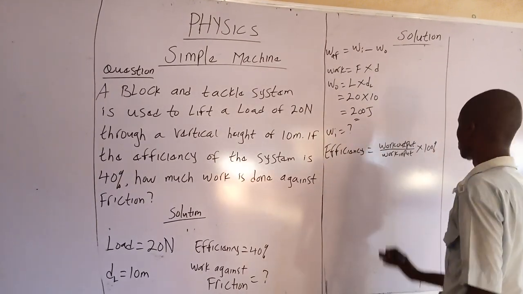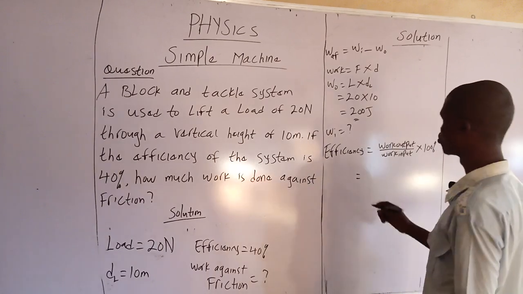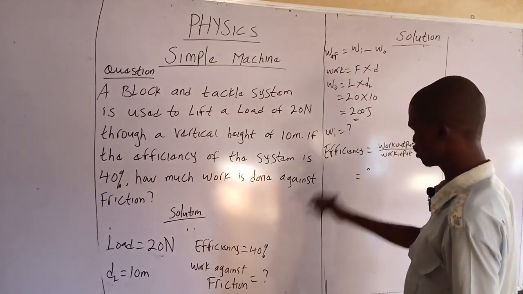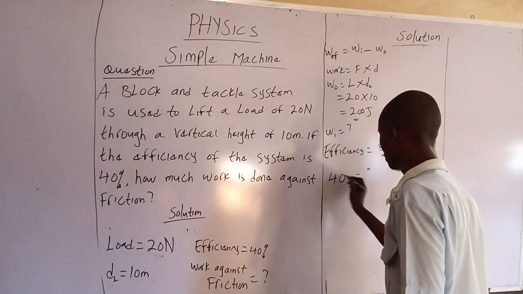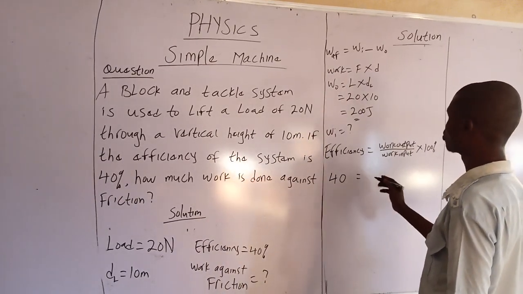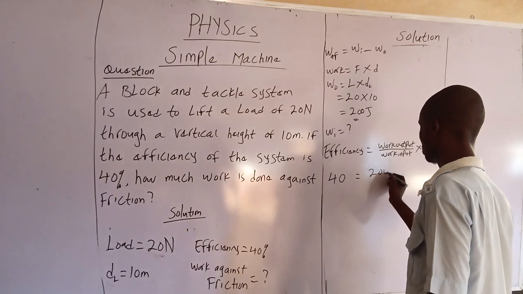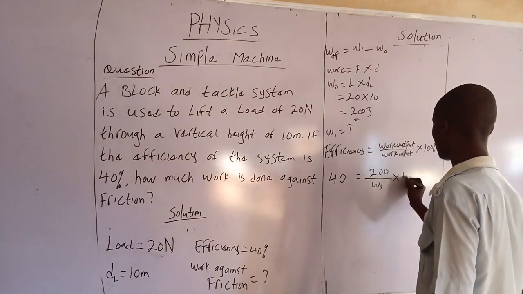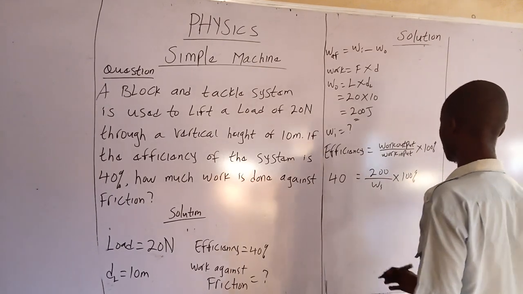So work output is what I have, 200. I have efficiency also, which is 40%. Work input is the unknown, all multiplied by 100%.